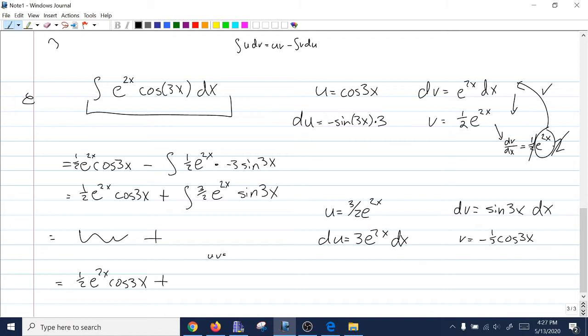Now I need uv minus integral v du. What's u times v? It's 3/2 e to the 2x times negative 1/3 cosine 3x. Now minus the integral of v du, which is negative 1/3 cosine 3x times 3 e to the 2x dx.